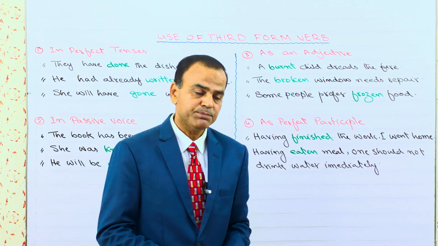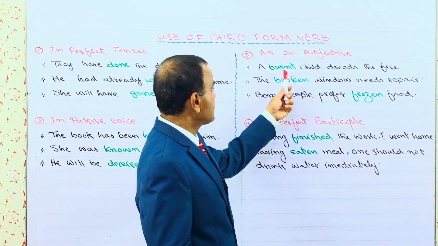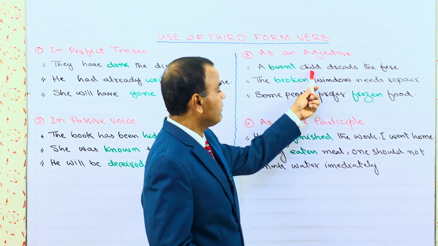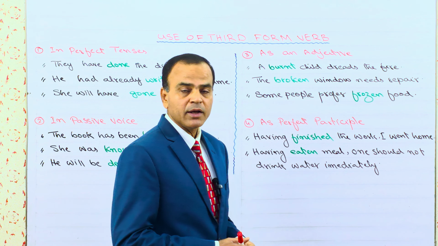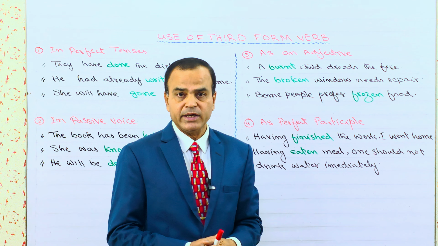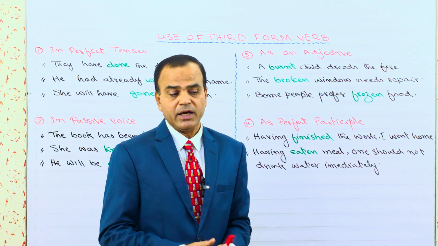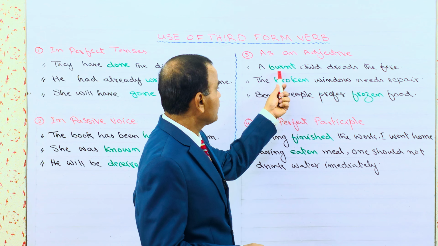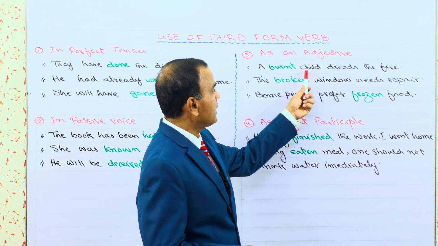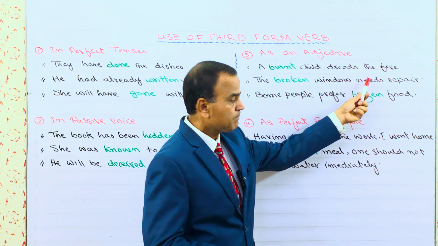Burn, burnt, burnt. A burnt child, here the verb burnt is qualifying the word child, which is noun, and adding to its meaning. So here it will be considered as an adjective, not as a verb. A burnt child dreads the fire.